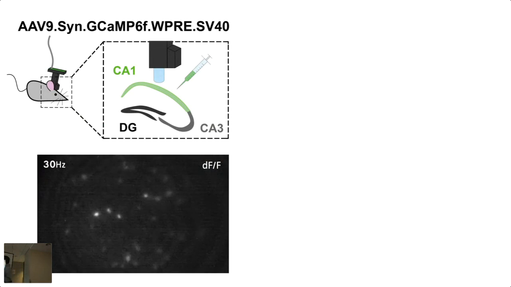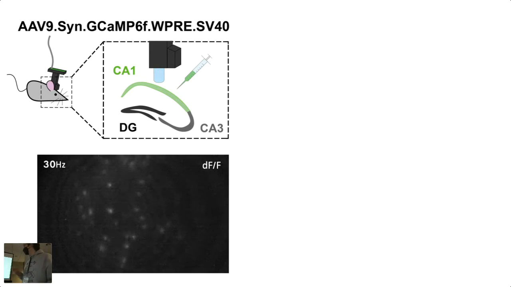So we'll inject a viral construct that will express a calcium indicator. And most of the time when neurons are spiking, they're going to let a large influx of calcium occur, and then we can image the soma of neurons that have these calcium influxes.